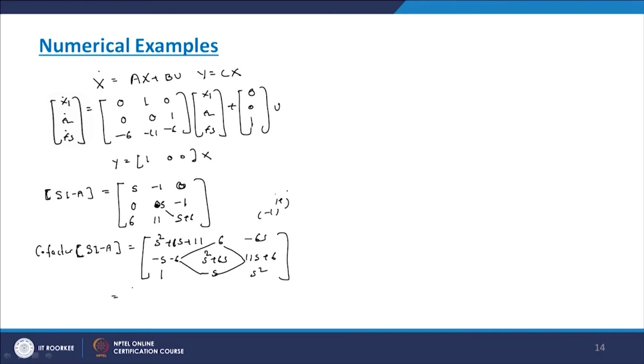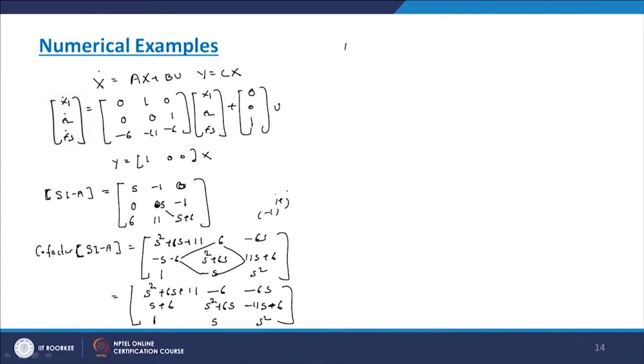We write s square plus 6s plus 11, then this sign minus s minus 6 becomes s plus 6, plus 1, then here 6, because of minus 1 raised to i plus j, this element becomes minus 6 and here minus 6, then s square plus 6s, then minus 11s plus 6, minus 6, and here we write 1, s, and s square. So, we got the cofactor of sI minus A.